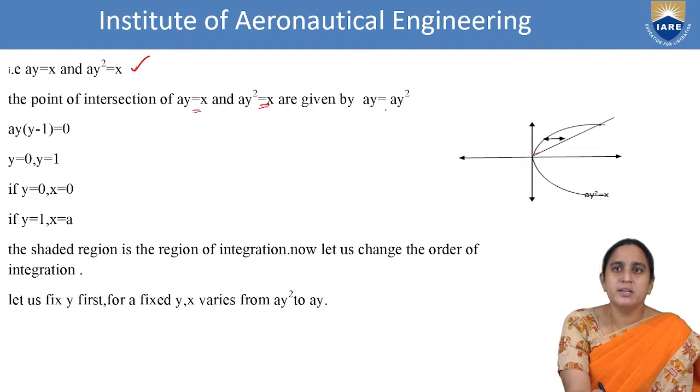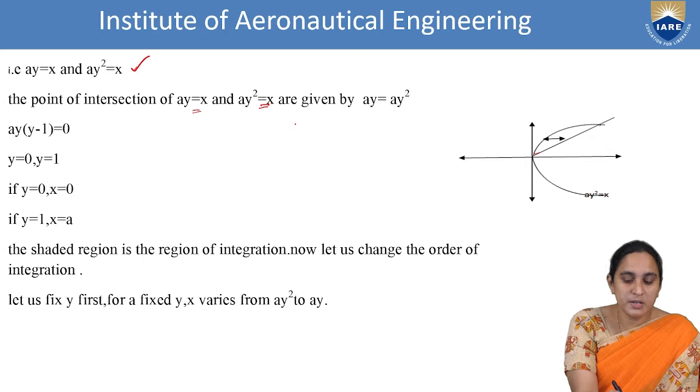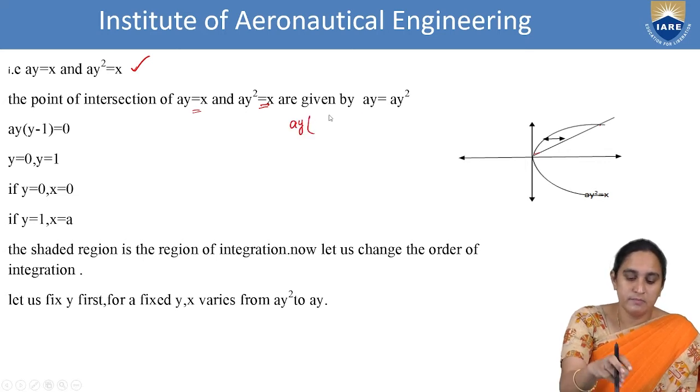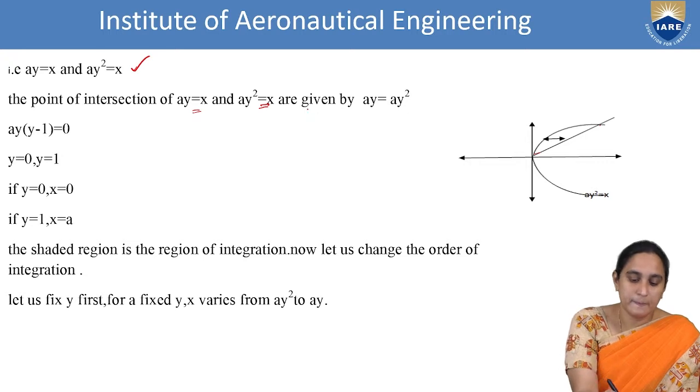So ay = ay². From that, what is common here? ay - ay² = 0.